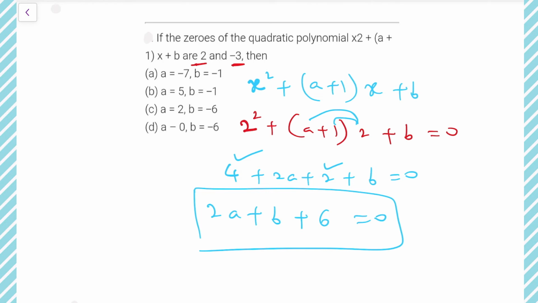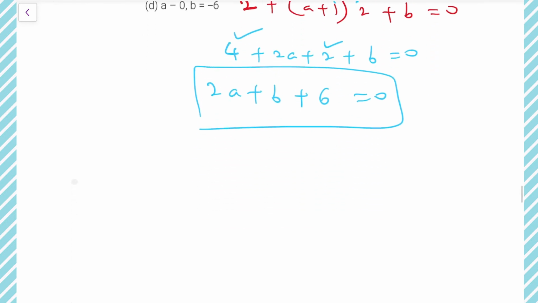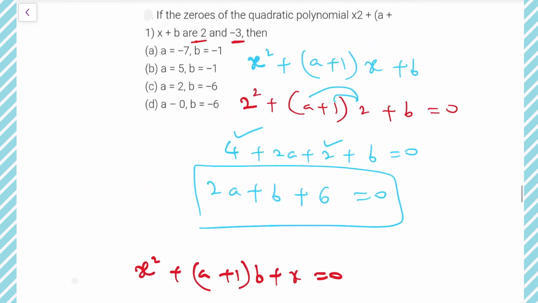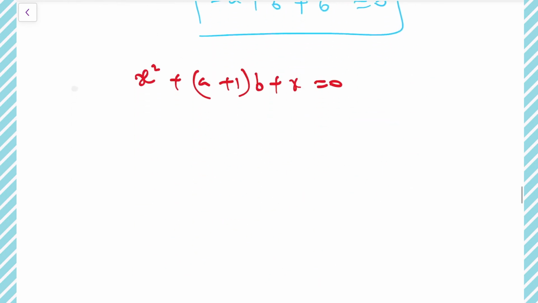Now the same polynomial, x square plus (a plus 1) into x plus b is equal to 0. For the same polynomial, in the place of x, I will substitute the second zero, that is minus 3.